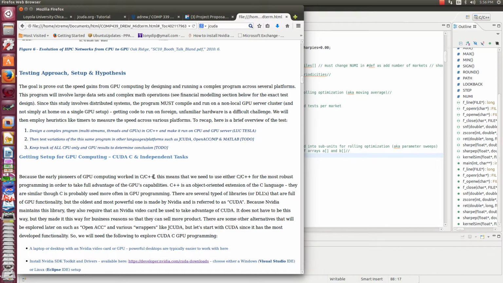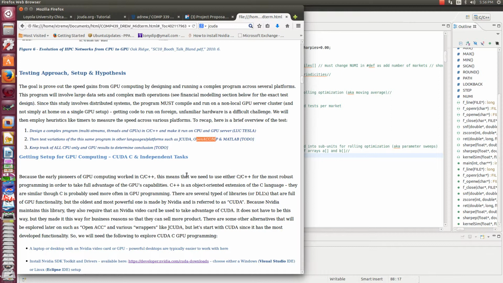Again, we're going to use finance here. Then we want to run the program on single GPUs, multi-GPUs, single streams, multi-streams, and different servers. We want to run it with wrappers, JCUDA and MATLAB, and also non-CUDA open source approaches called OpenMP or OpenACC.